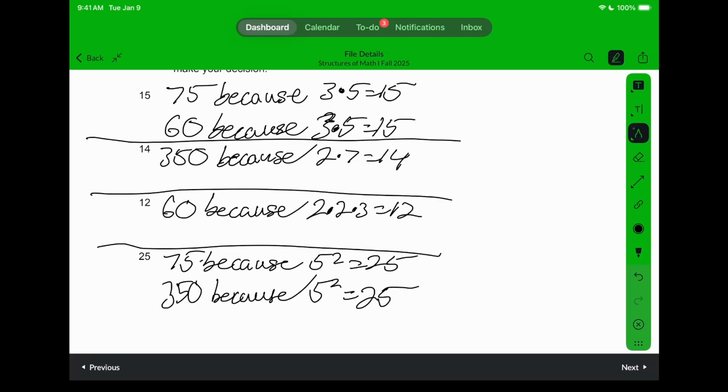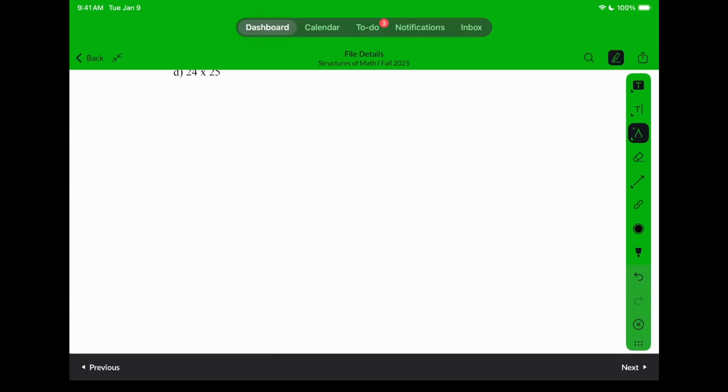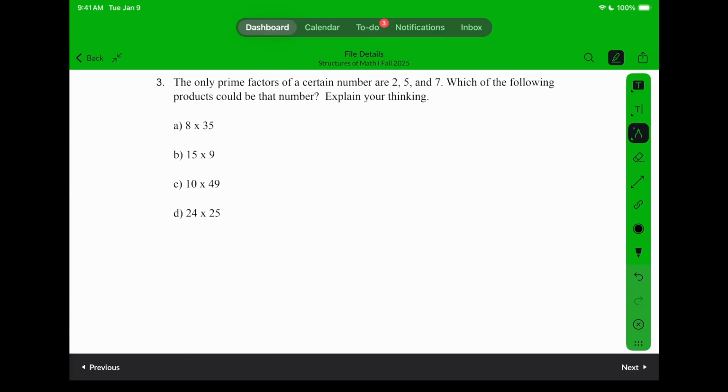Finally, we have this problem. I feel like this has a very high chance of being something on the exam. The only prime factors of a certain number, so we don't know the number, but we know this very specific number that we do not know has 2, 5, and 7 as the only prime factors.